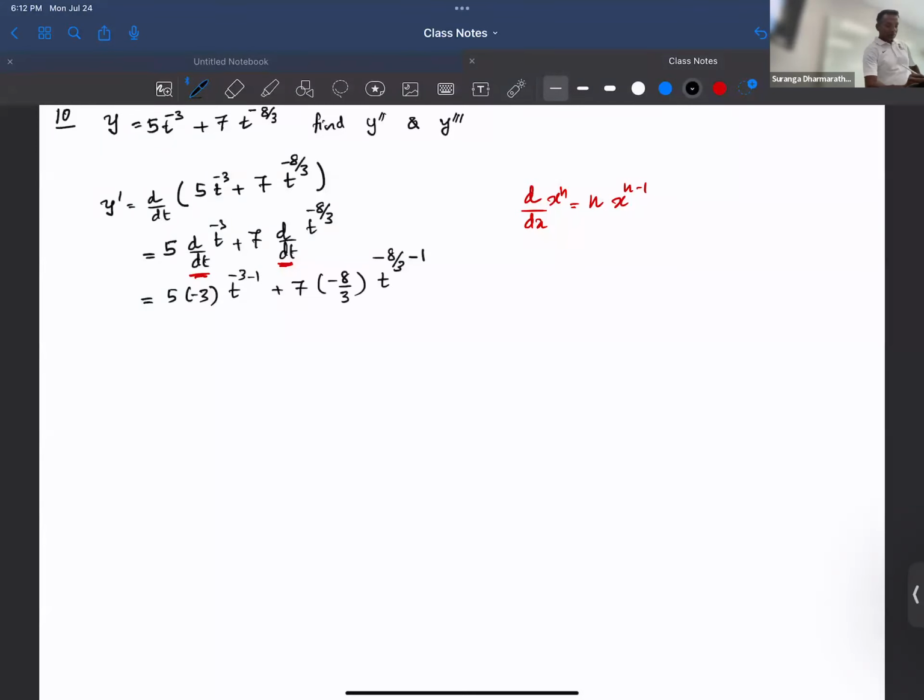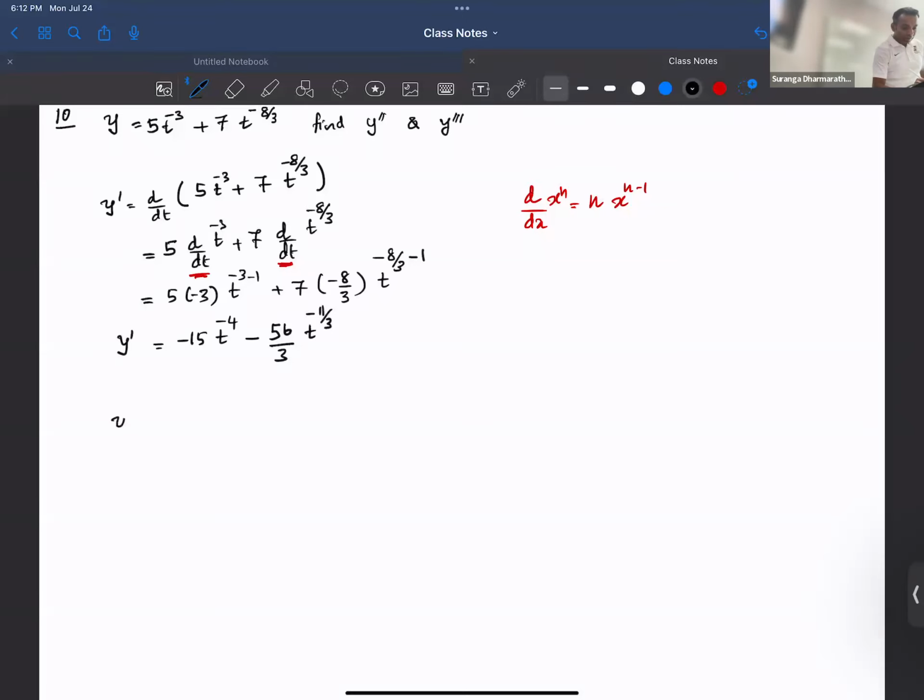So we have y prime is -15 t to the power -4, minus 7 times 8 is 56, divided by 3, t to the power -11/3. That's your y prime.